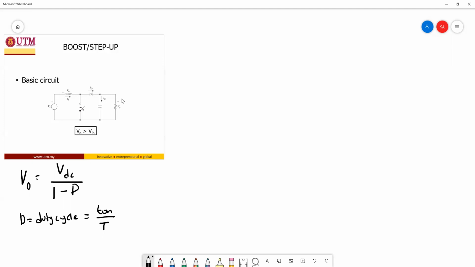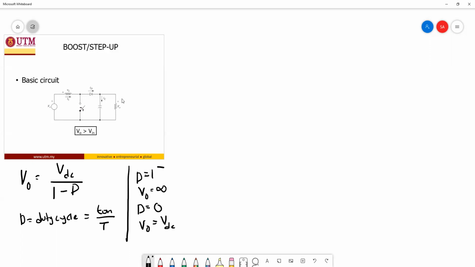Based on the theory, if the maximum D is 1, then V out is infinity, and when D is minimum 0, V out is equal to the input voltage, VDC.